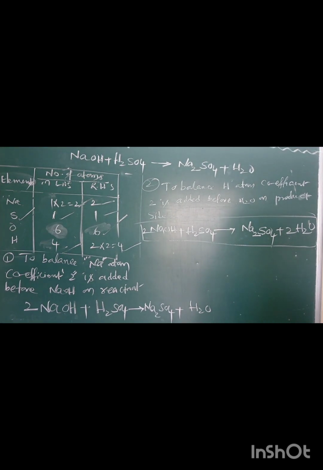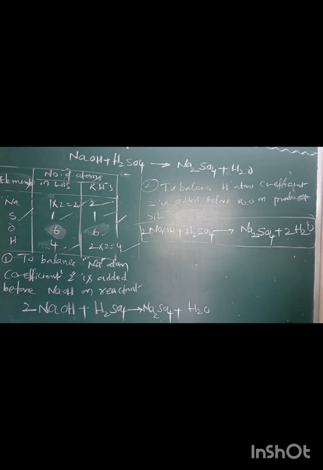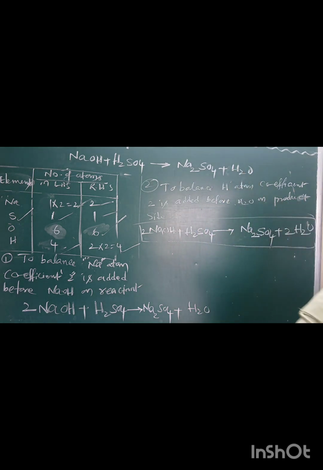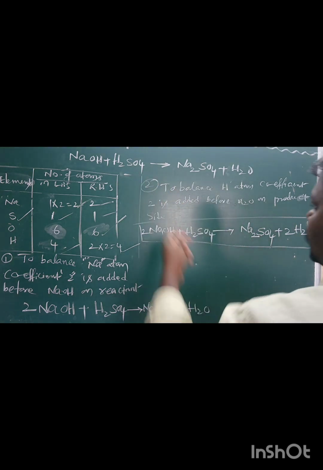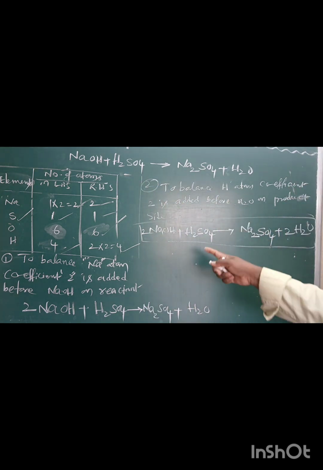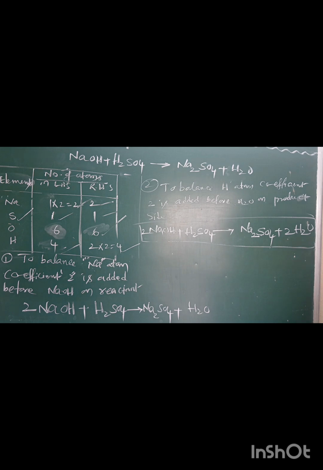This is the final balanced equation: 2 NaOH plus H2SO4 gives rise to Na2SO4 plus 2H2O.